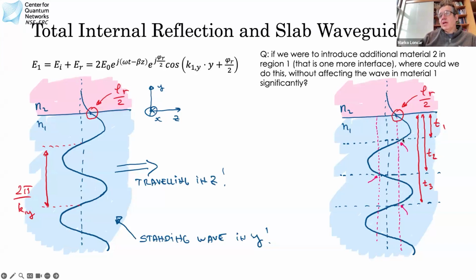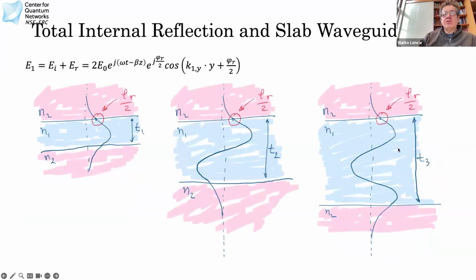For example, if I put another interface N2, N1 here, or here, or here, and these locations are chosen so that if I put this interface, the evanescent field would just extend and wouldn't further perturb the standing wave profile. I'm essentially not going to perturb this standing wave profile significantly, but I'm going to form waveguide modes.